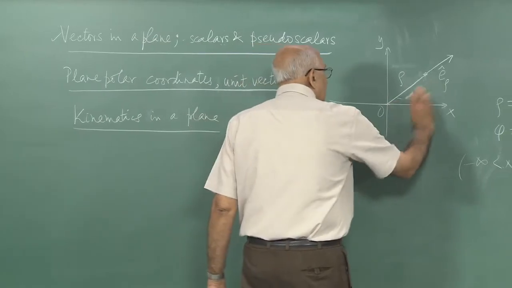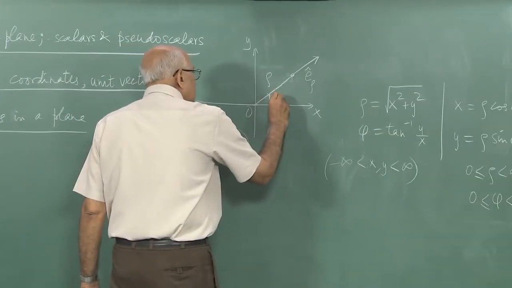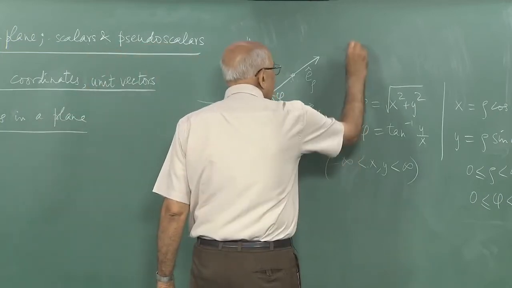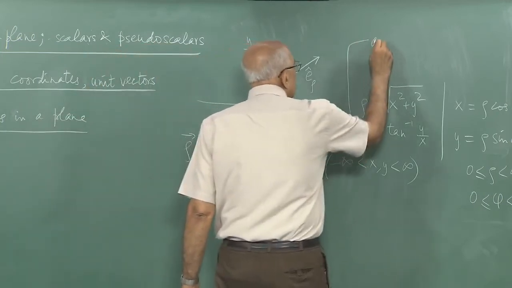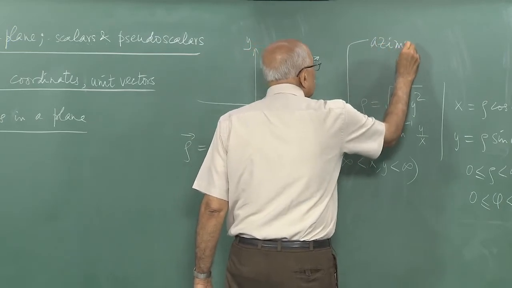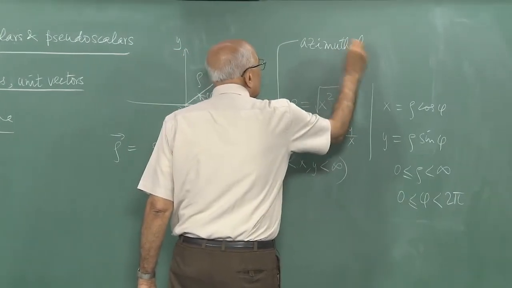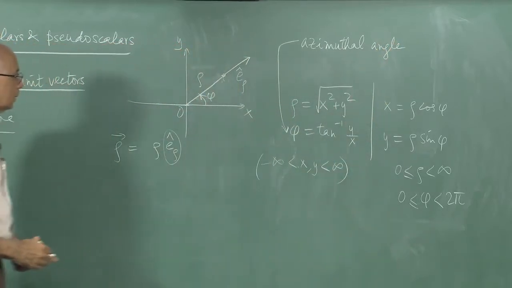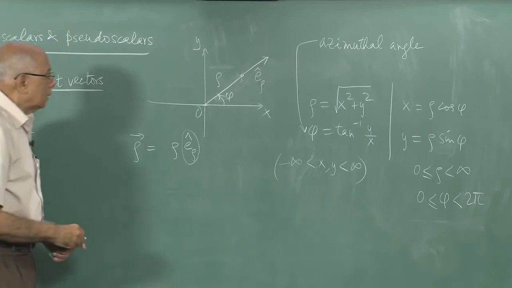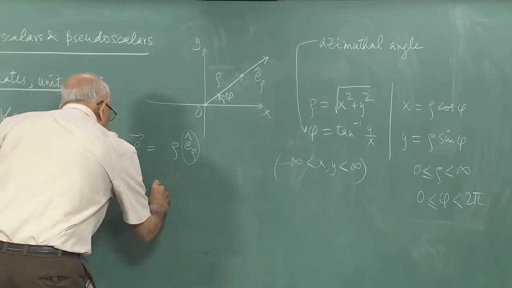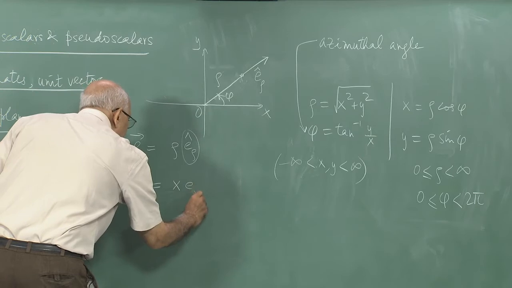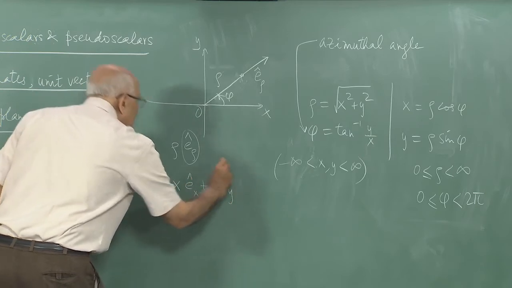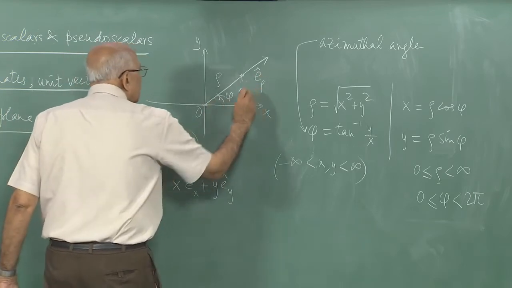This angle that we have here is phi, the azimuthal angle. I could of course also write this vector rho as x times E sub x plus y times E sub y, where Ex and Ey are unit vectors.